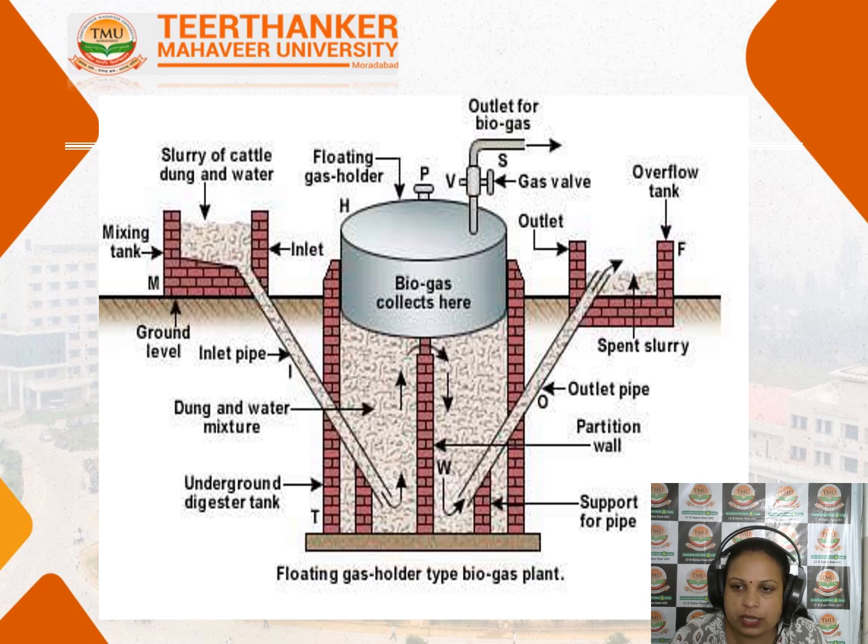On top of the digester tank there is a floating stainless steel tank where the gas collects. That is why it is called the floating gas holder tank. It floats over the digester tank. The digester tank is made of cemented material, but the gas collection is in this stainless steel tank. That is why its name is floating gas holder type of biogas plant.